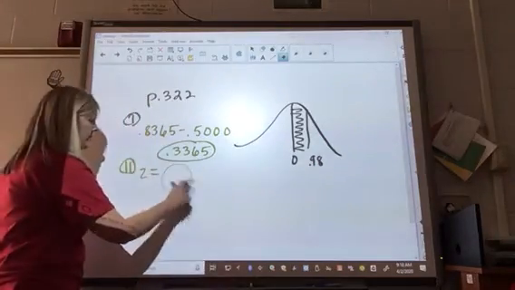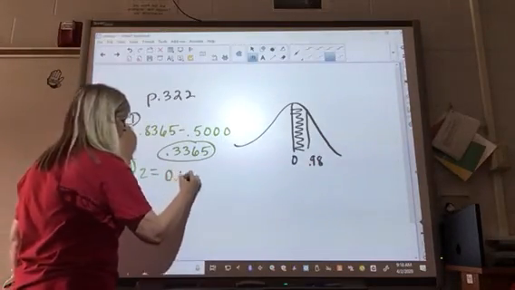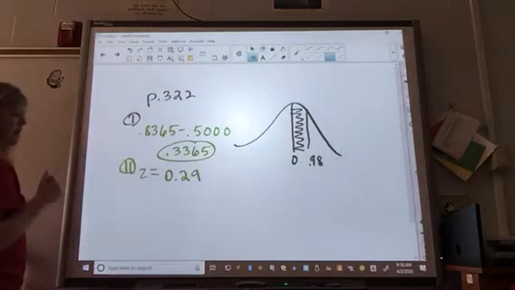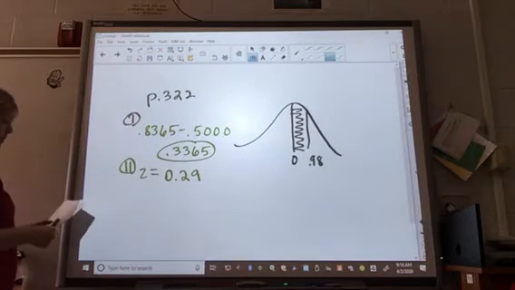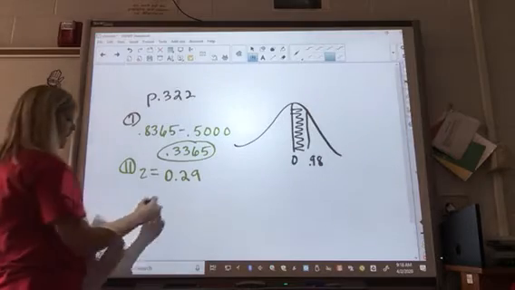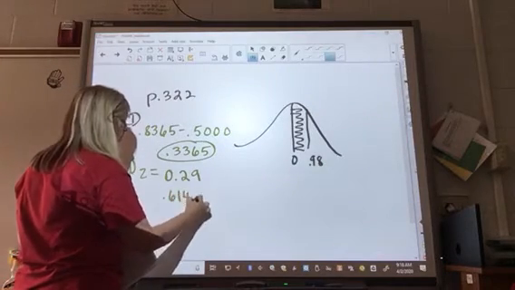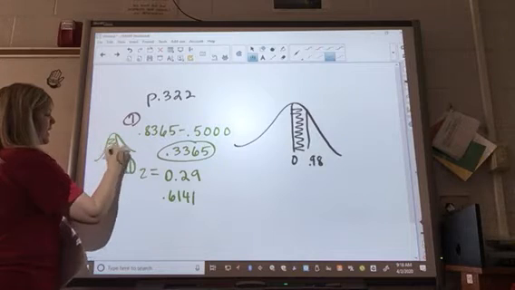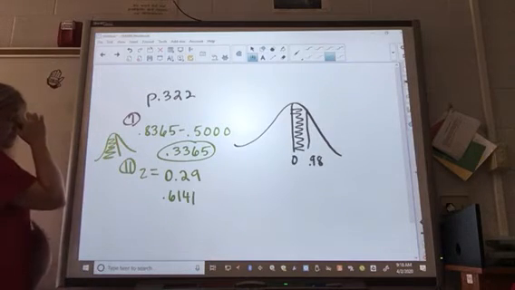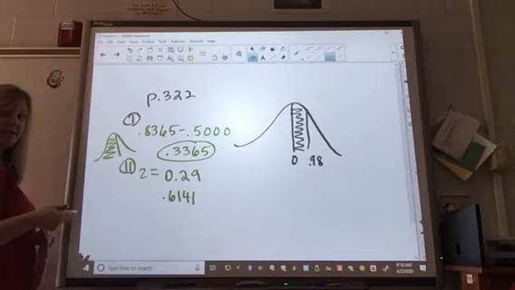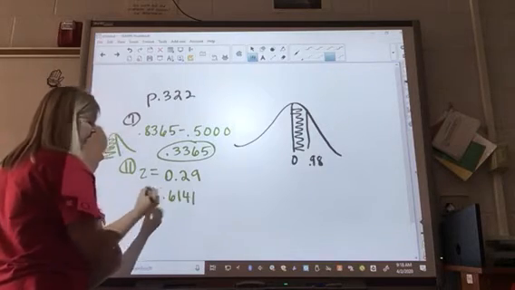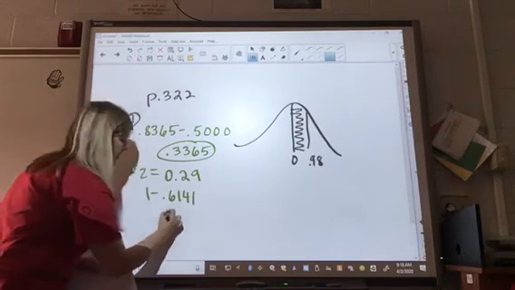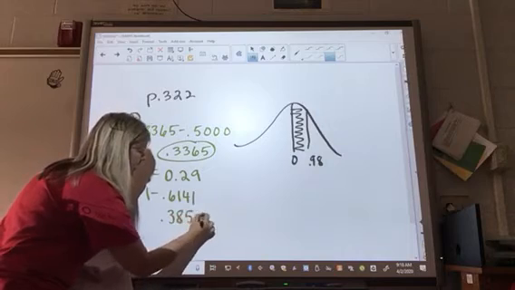I was looking at the wrong problem. All right, so I'll line up 0.2 and 0.09. That gives me 0.6141. But I just told you, when you find a z-score, you're finding to the left, and this problem asks for the right. So I have to subtract that from 1, which is 0.3859.